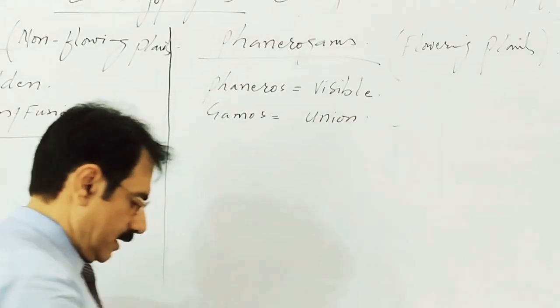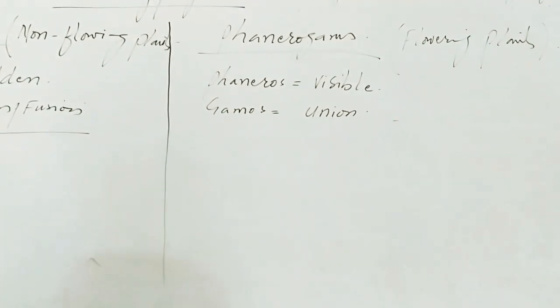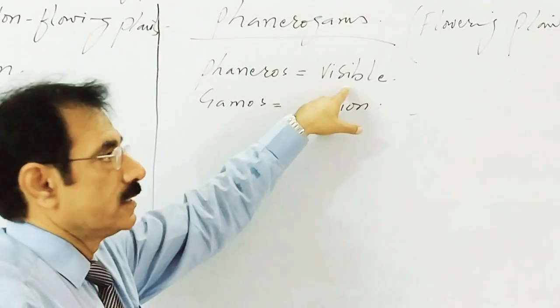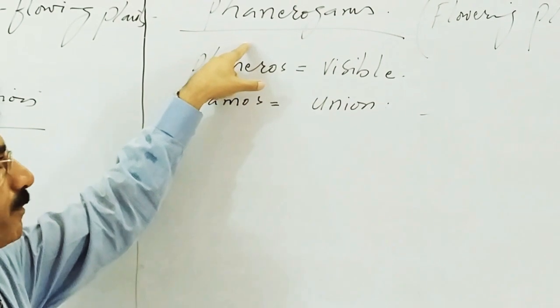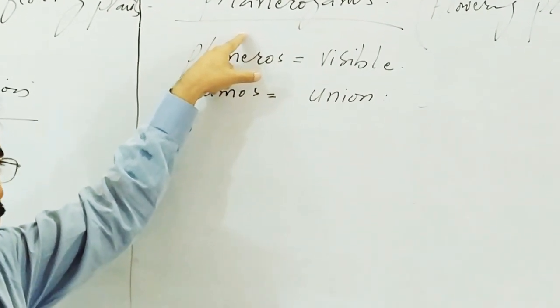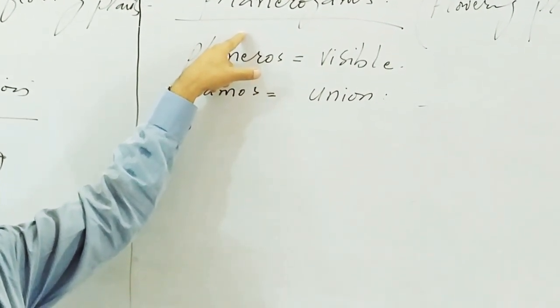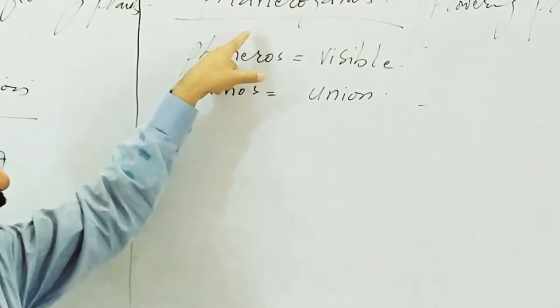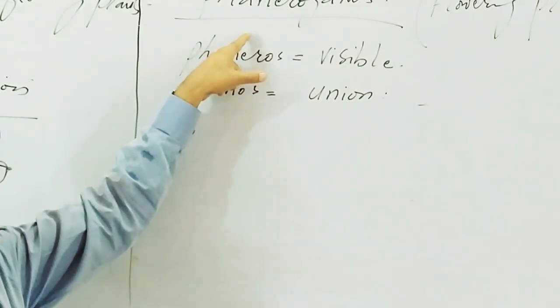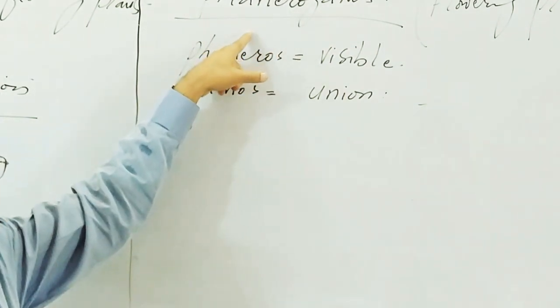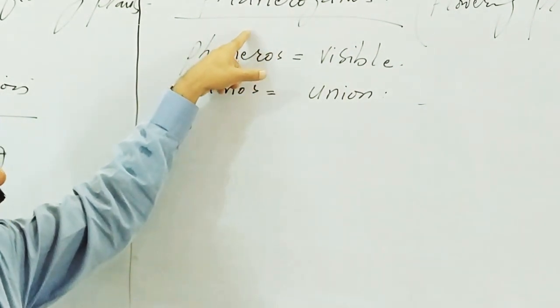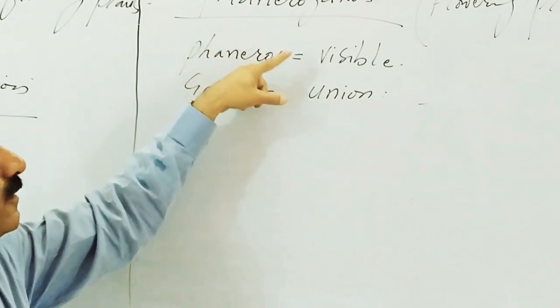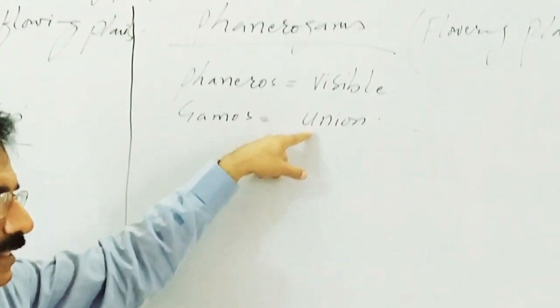The union of gametes is visible, because this group of plants possesses visible organs, which are called flowers. In flowers we can see the reproductive organs and the reproductive cells in which the union of the gametes takes place.